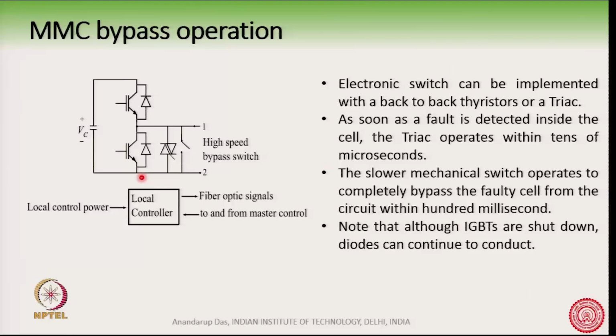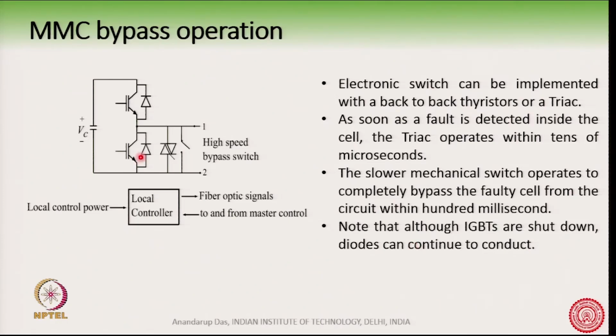Then in the half bridge or a full bridge, the anti-parallel diodes to these IGBTs are still in the circuit, and they can continue to operate. I have just mentioned it here, although it is not very relevant to the bypass operation here. We will use this statement later.